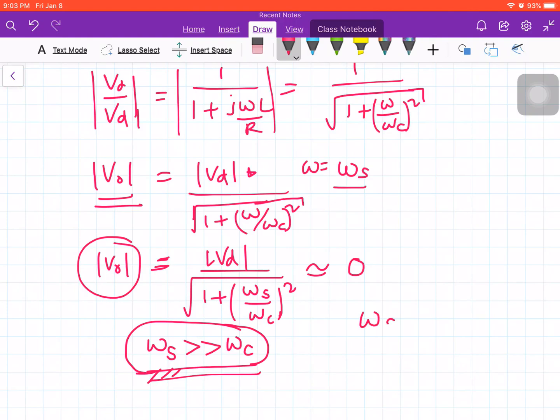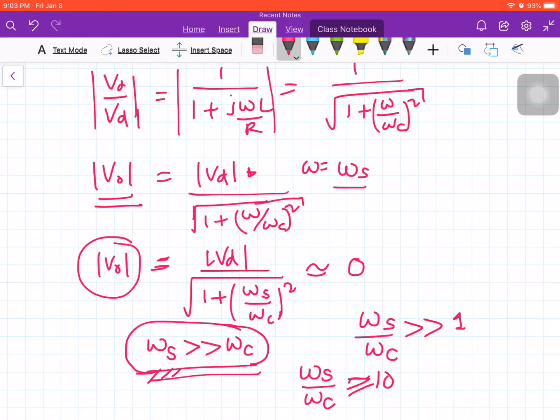Then we have this relation: omega s by omega c is far greater than 1. Usually we go with a thumb rule of greater than or equal to 10 in most practical applications.